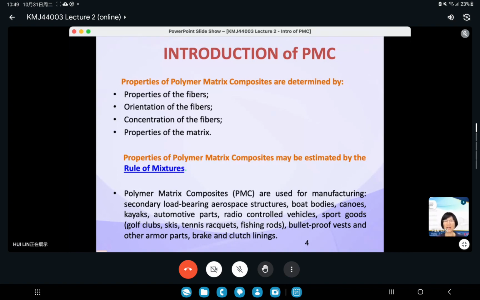So these are the four pieces of information that we can get.